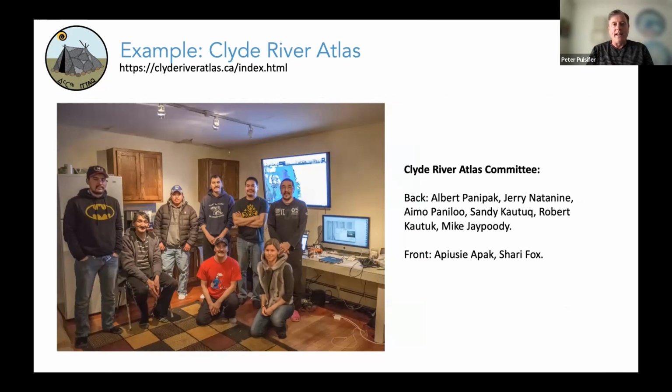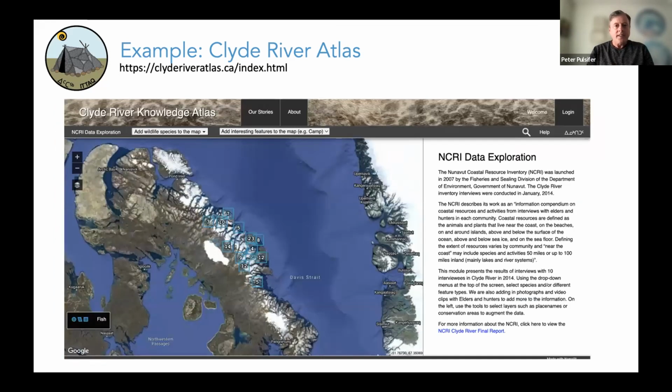And so right from the beginning, the community is deciding what they want to do, how they want to do it, the different themes that are in the Atlas and so on. Noor, if you could just go back to the other slide. So for example, the Nunavut Coastal Resource Inventory was carried out in partnership between communities and the Nunavut government some years ago.